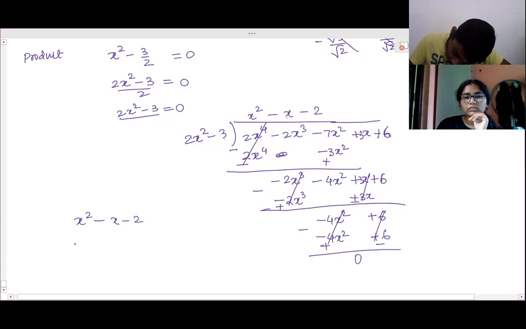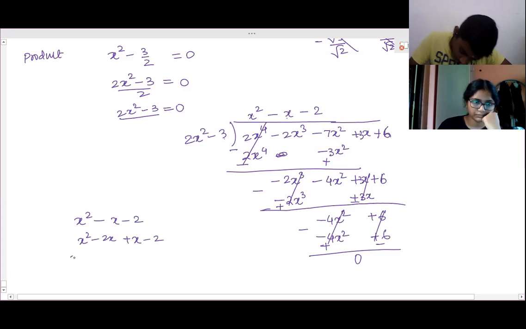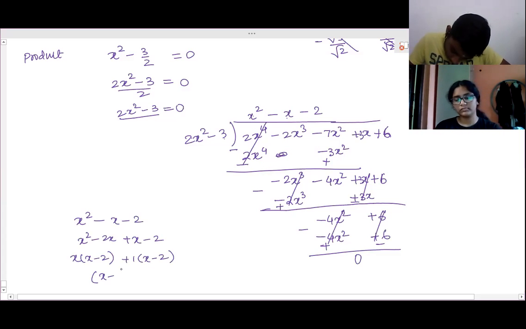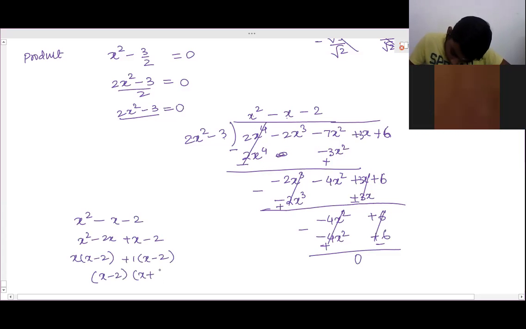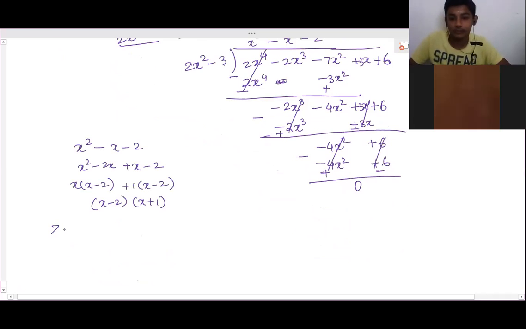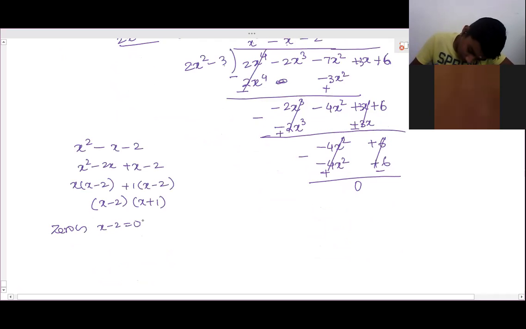Factorize it. x square minus 2x plus x minus 2. x into bracket x minus 2 plus 1 into bracket x minus 2, so x minus 2 and x plus 1. So these are the factors. So zeros are x minus 2 equal to 0 and x plus 1 equal to 0.